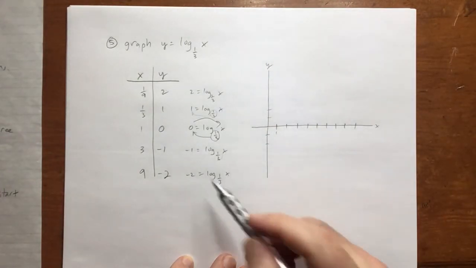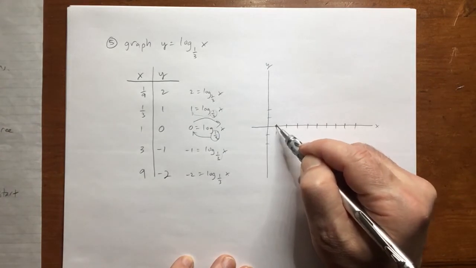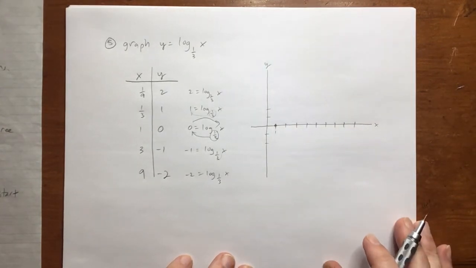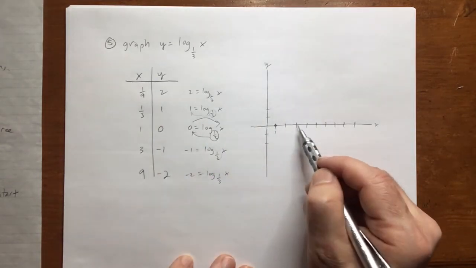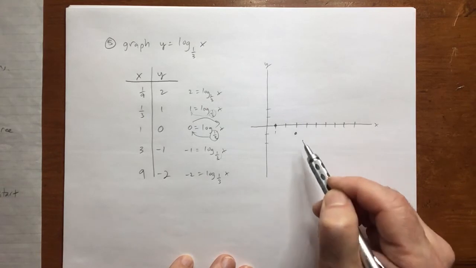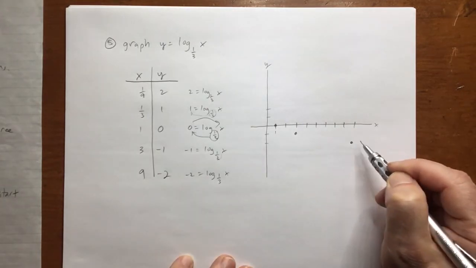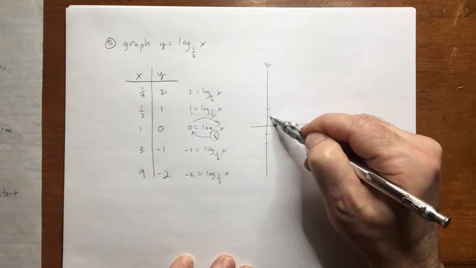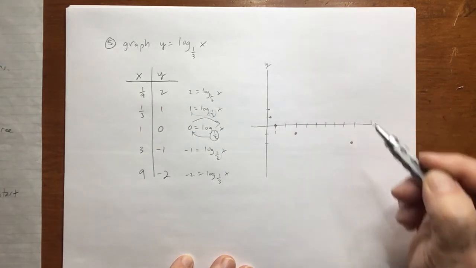Plot our points. So 1, 0. That seems like a point that might be common to our log graphs. We'll see that as we go on. 3, -1. 9, -2. 1/3, 1. 1/9, 2.